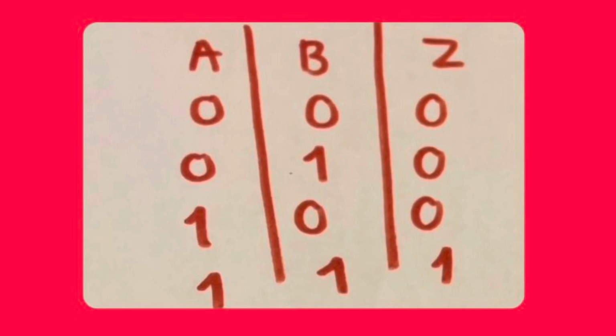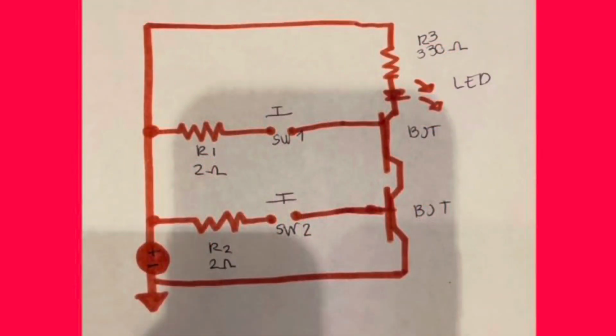So as you can see, we need to click both of our buttons in order for the current path to be closed. So both gates need to be closed in order for all the current to flow for our LED to work. And this is just the visual representation on how the circuit diagram works. You could see the upper gate and then you could see the lower gate.